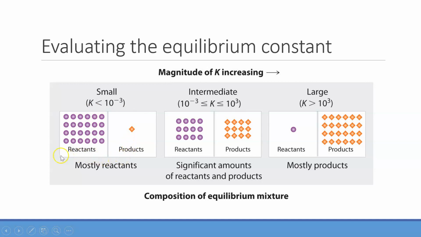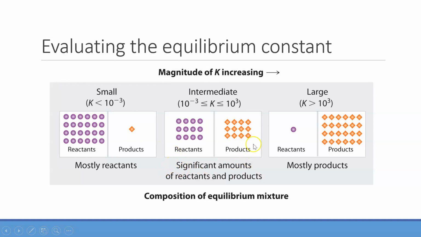So at equilibrium, we still have mostly reactants around. This is the scenario when K is very small, and we usually mean if it's under 0.001 or 10 to the minus 3. This tells us that our equilibrium lies to the left, or it favors reactants.